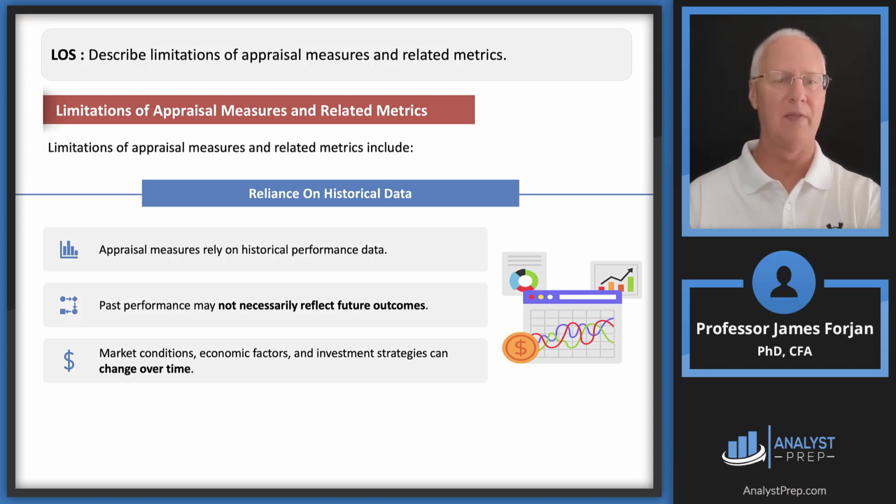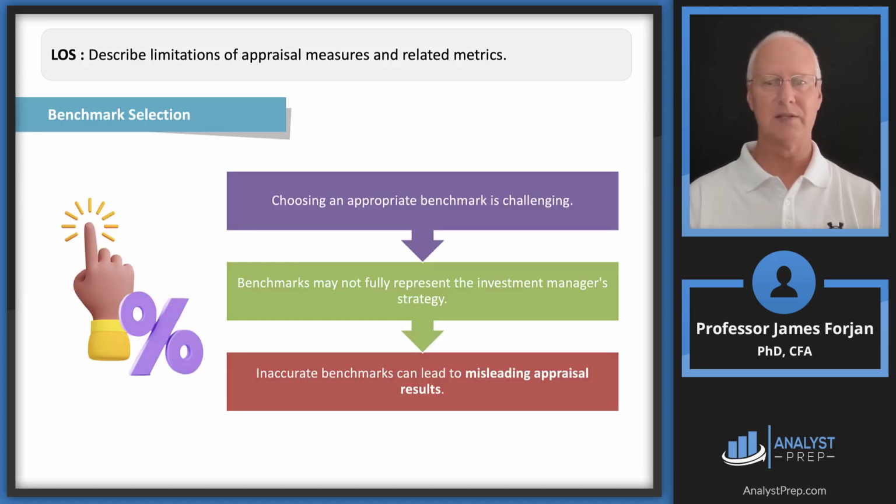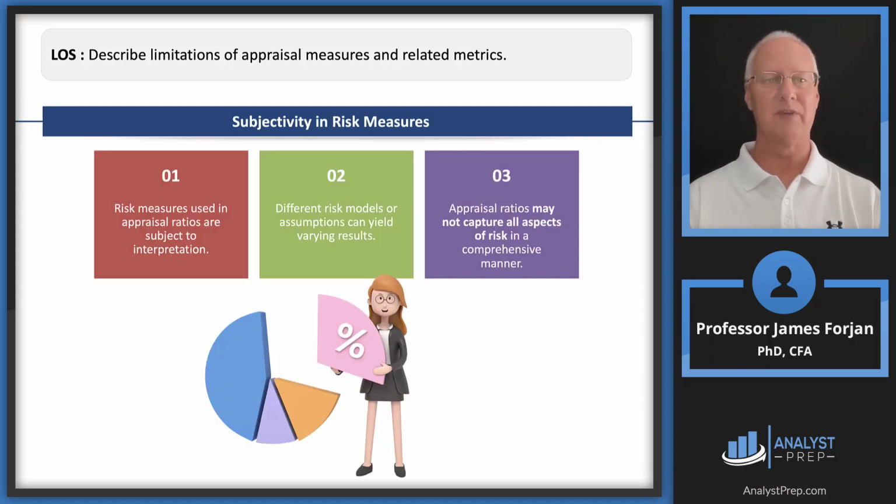So look at the dollar sign down there. This is what I was saying about beta not being stable because macroeconomic conditions are not stable, strategies are not stable, stock market conditions are not stable. So here's a little summary page. Choosing an appropriate benchmark is challenging. They might not fully represent, and inaccurate benchmarks can be misleading. Yep.